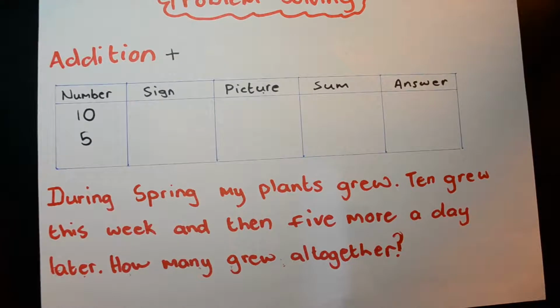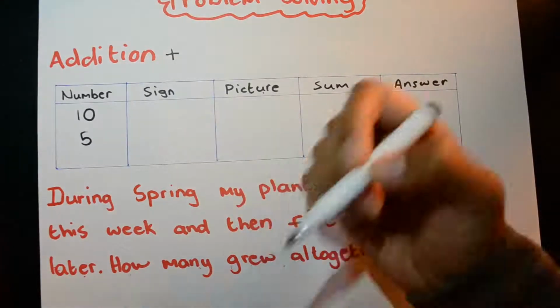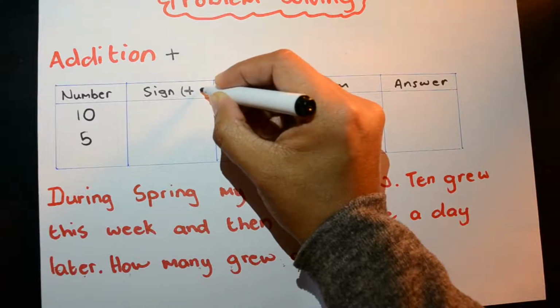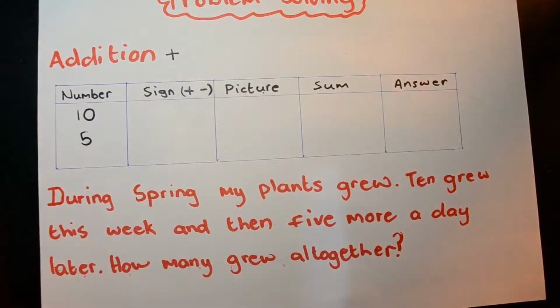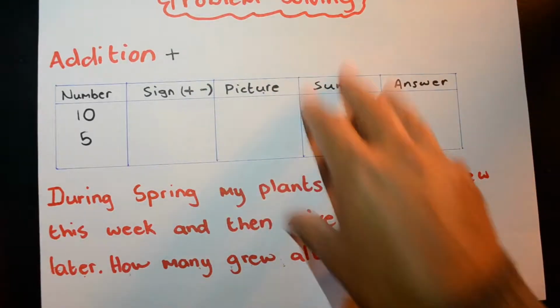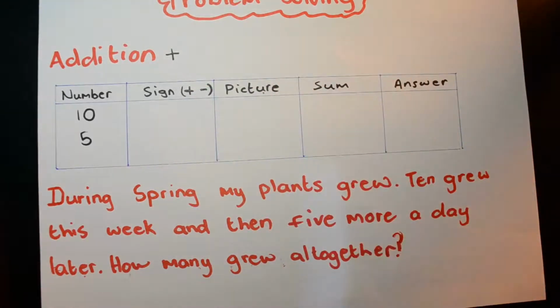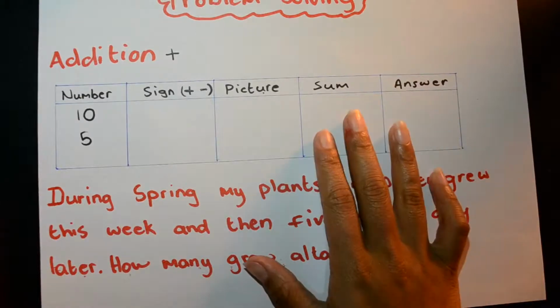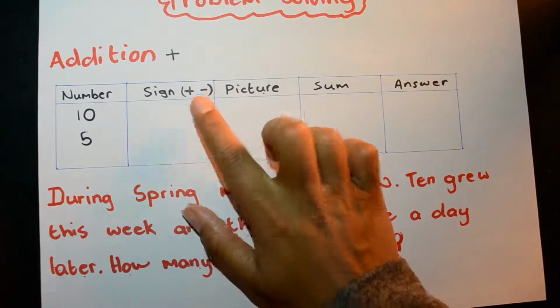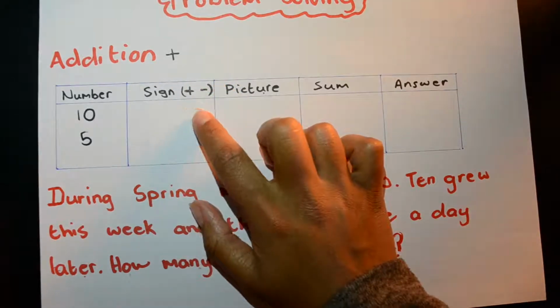Okay, now sign tells you, is it plus or minus? Plusing means it's more, you put in more. Minus means you're taking away. Some word problems have both plusing and minusing, but for now we're just going to look at plusing, addition.